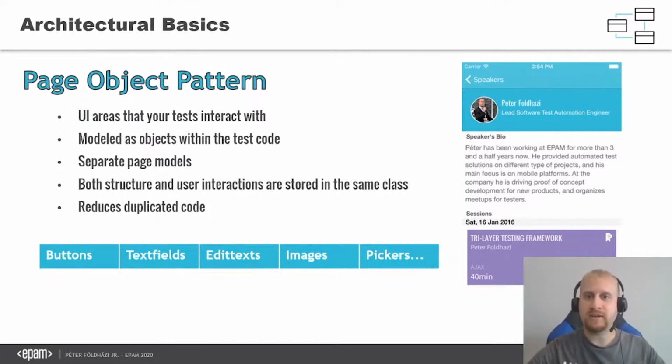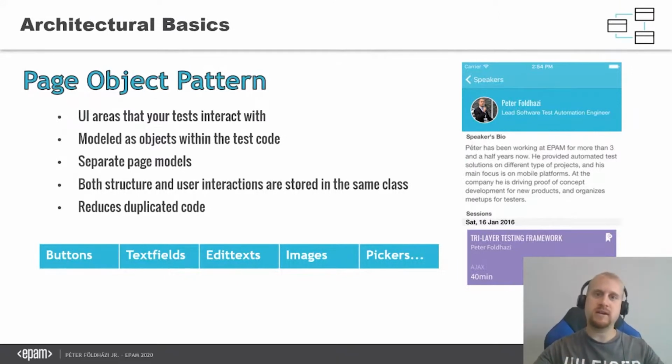So this is right now the most popular test automation design pattern. The concept is that you have all sorts of different pages, and for each of those pages that you are going to interact with in your test automation, you create a model, a class file, and you only store those elements and their locators that you are going to interact with. But you are also going to store all the user actions as well.